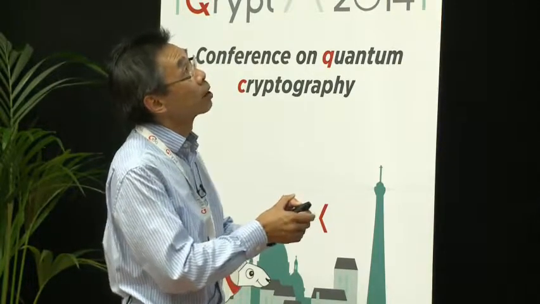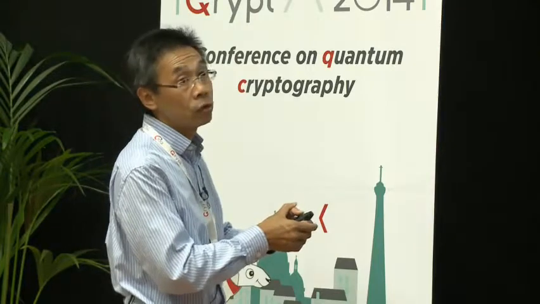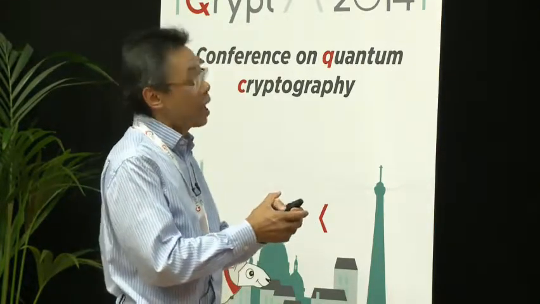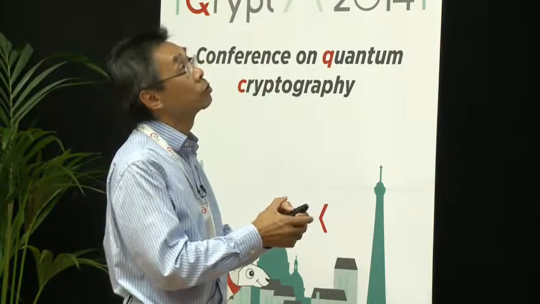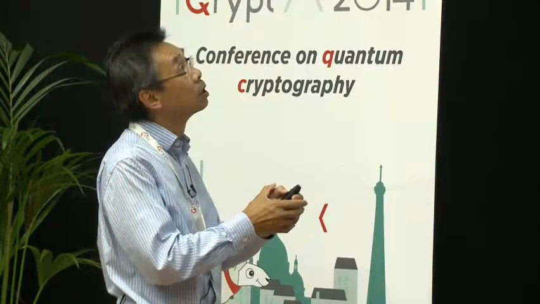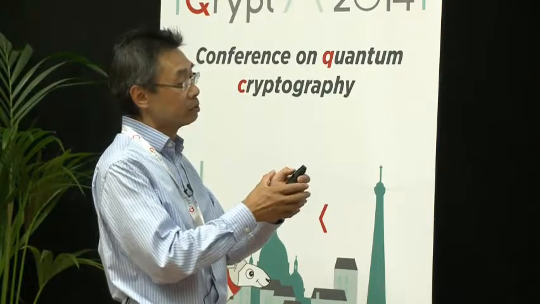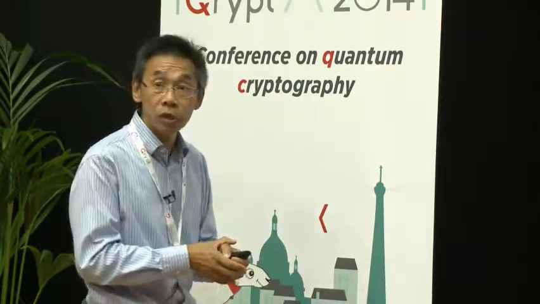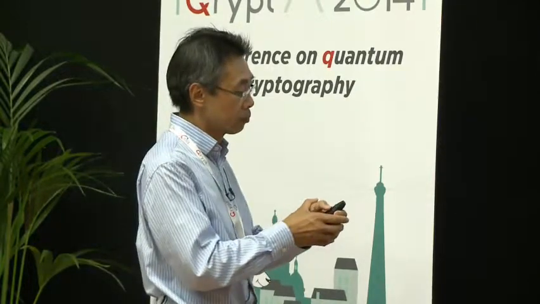And you subtract the leaked information that you obtained by your security measurements. And you also have to subtract the finite key correction, which in this case is actually quite small, as you will see.